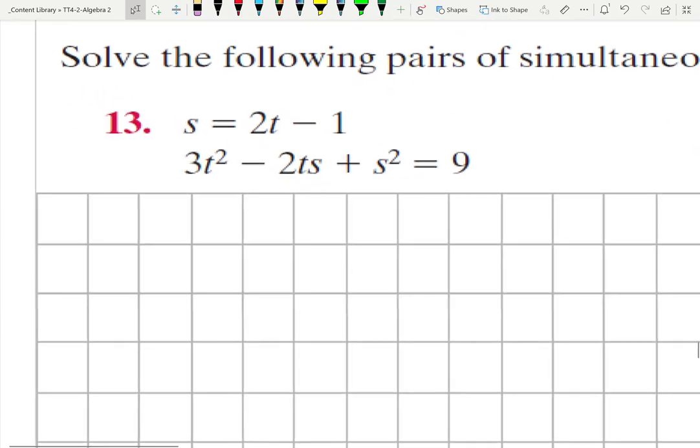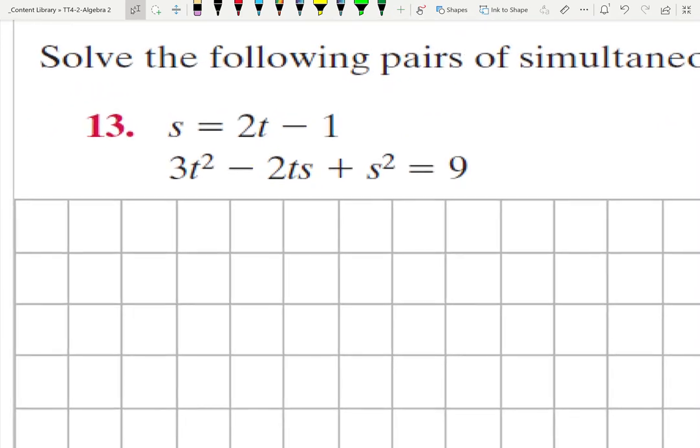Okay, linear, non-linear. Now, is there any favorite? Not really.